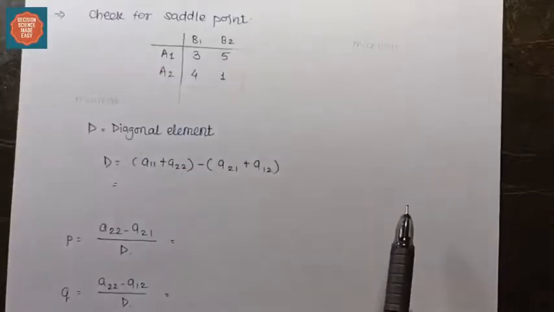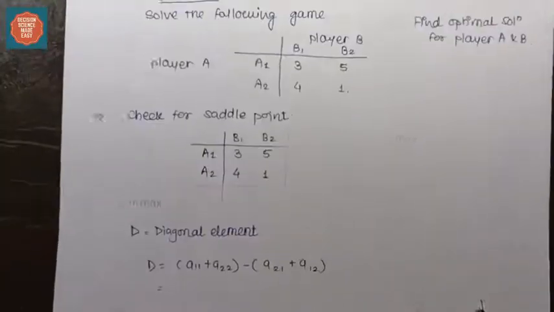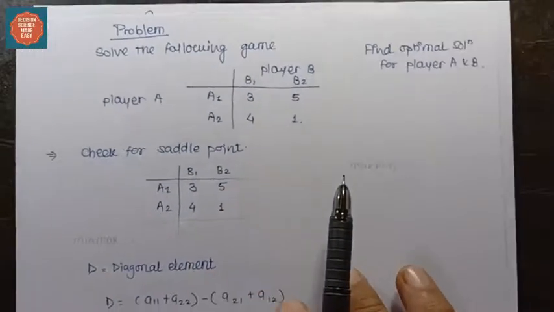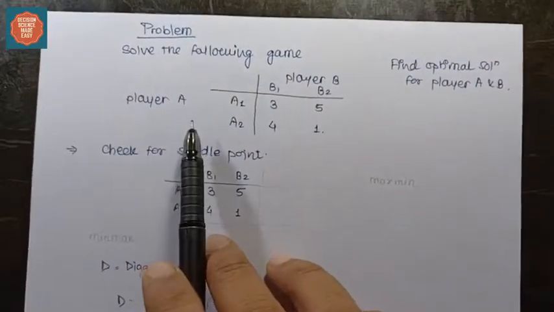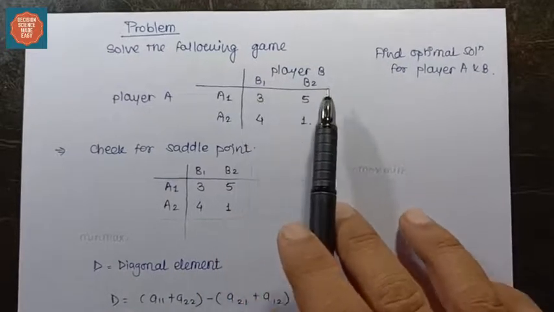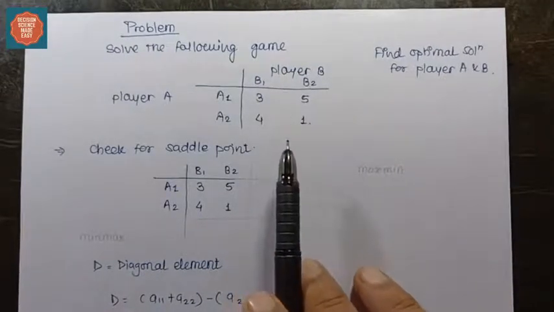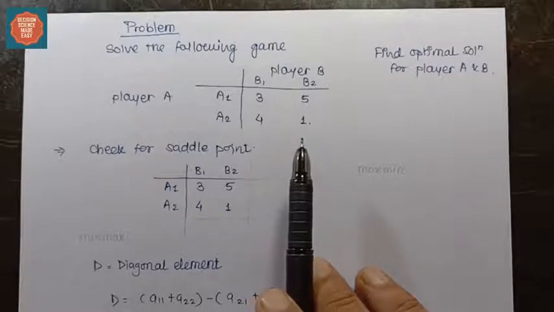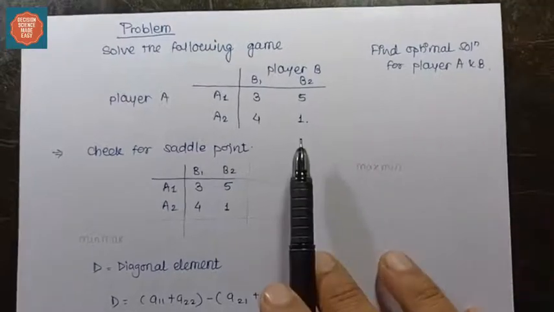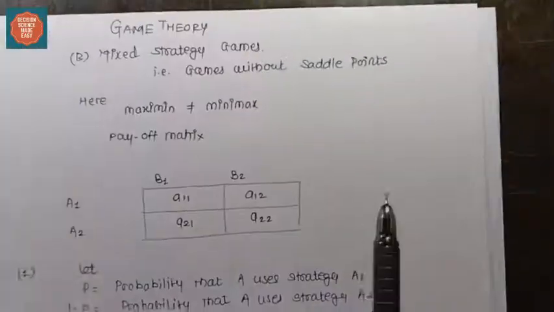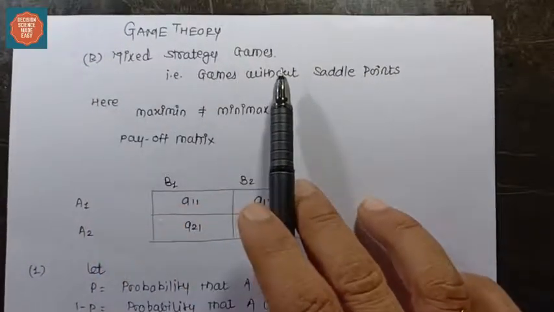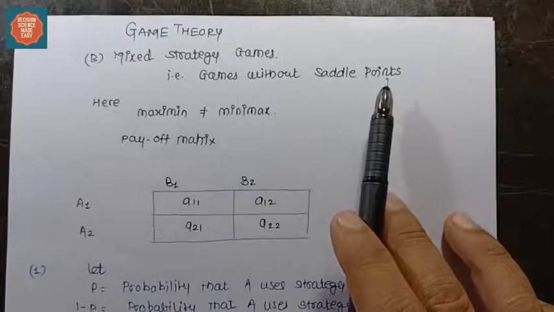Let us try to understand this with an example: solve the following game with this kind of matrix. Let player A have the strategies A1 and A2 and player B have the strategies B1 and B2, and they are asking us to find the optimal solution for both players A and B. Now before I solve this problem, there are certain rules that we need to understand for solving problems with mixed strategy games, that is games without saddle points.